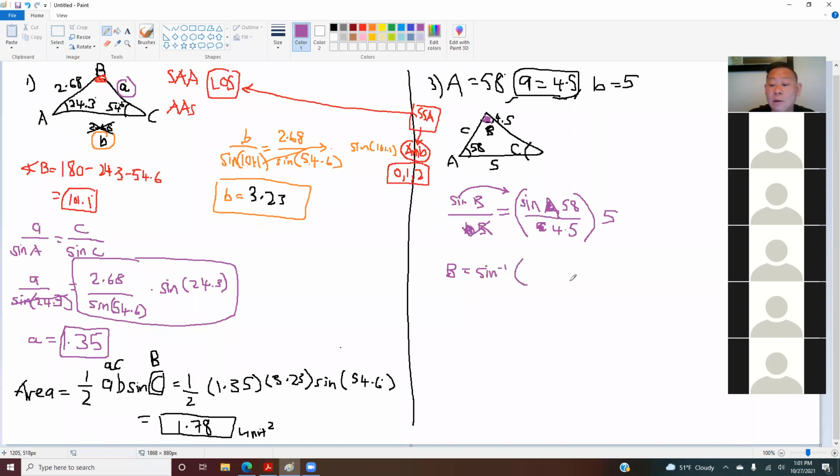So go ahead, take your calculator, punch this in there first. What is sine 58 over 4.5 times 5? Make sure your parentheses is closed when you do the sine 58. You don't have an answer here?